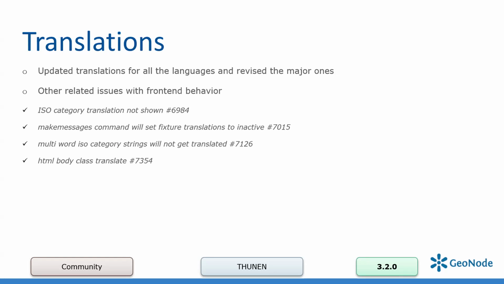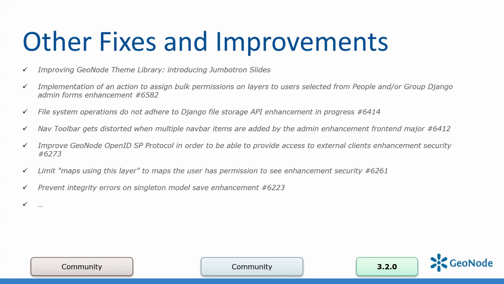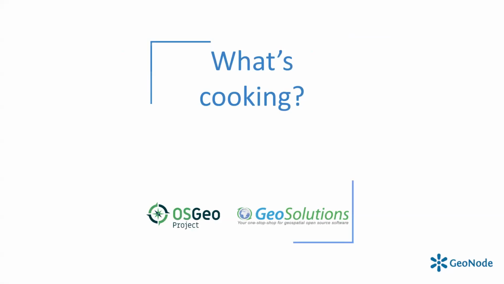So at least for Italian, English, and German, we have, I would say, quite good translations. There are a lot of other minor improvements and fixes both on the security side and performance side. You will be able to see all of those listed in the changelog associated with the release.